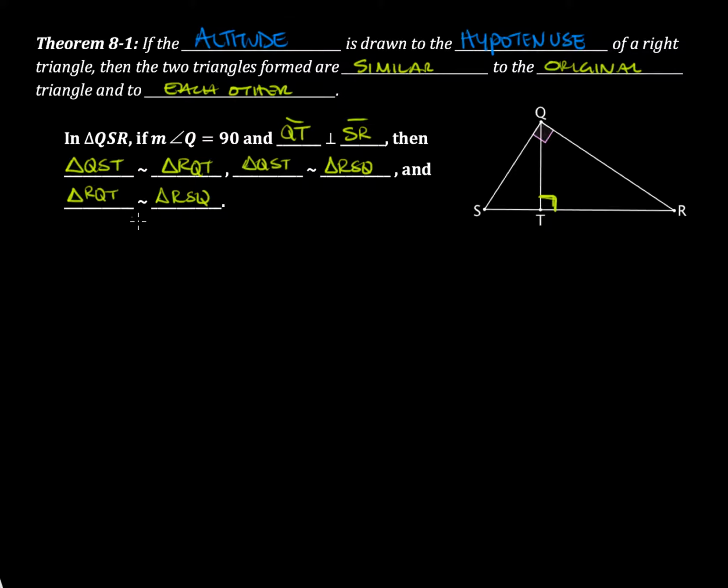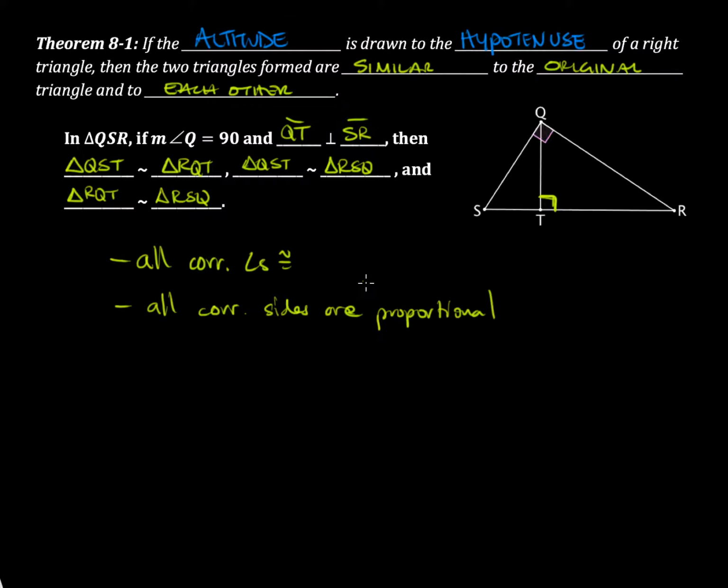Now that means there's a lot that we can say about this picture. We can say that all corresponding angles are congruent, and also that all corresponding sides are proportional. Remember, that was the definition of similar triangles.